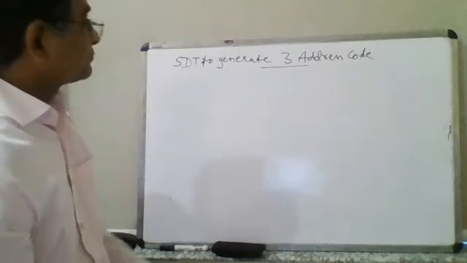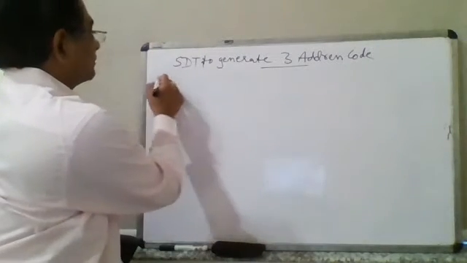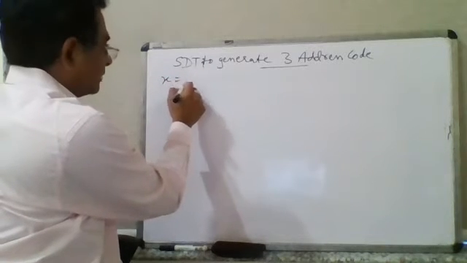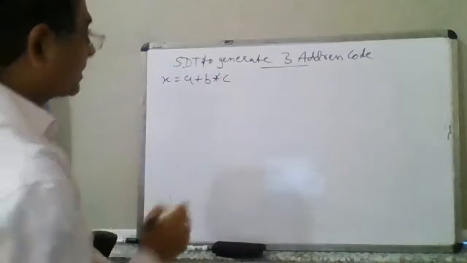Okay, so let's generate the appropriate parse tree for x equal to a plus b star c, right? So what will be the appropriate parse tree for this?